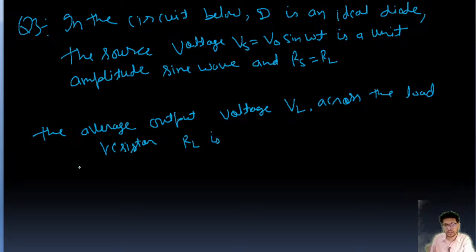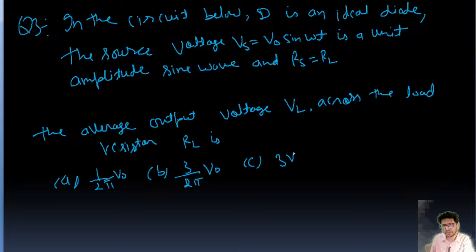Options are: A, 1 upon 2 pi V naught. Option B is 3 upon 2 pi V naught. Option C is 3 V naught, and option D is V naught.